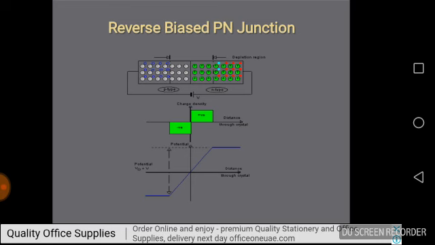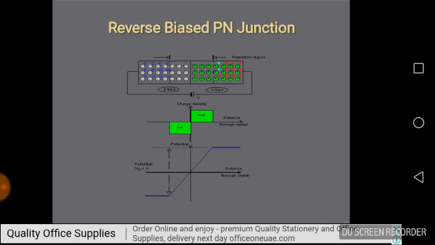Now these minority charge carriers, that is electrons from the P side and holes from the N side, will try to cross this depletion region. Of course, they are minority charge carriers, so their movement will constitute a current, a small current, and we call that current the reverse saturation current.